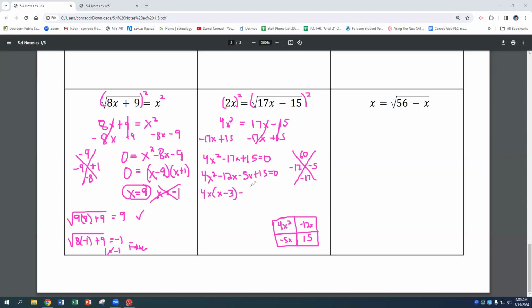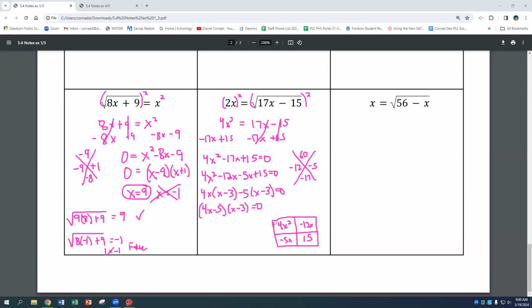Okay, the second two terms, I'm going to factor out a -5. So I'm going to have x minus 3, which leaves me 4x minus 5 times x minus 3.